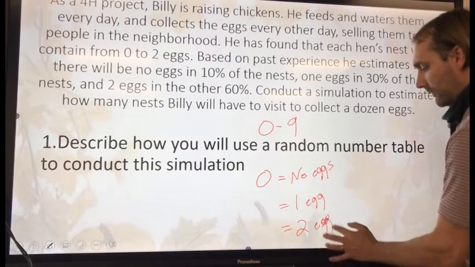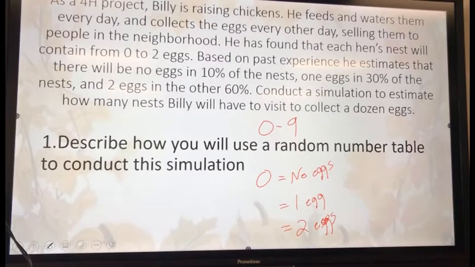You've got to start at 0? Okay. Christian, if 0 is no eggs, what numbers will we use for 1 egg? Notice 1 egg is 30% of the nests. Could be 1, 2, and 3, right?